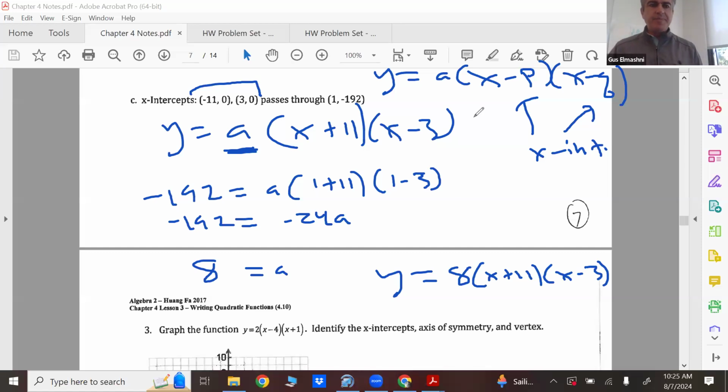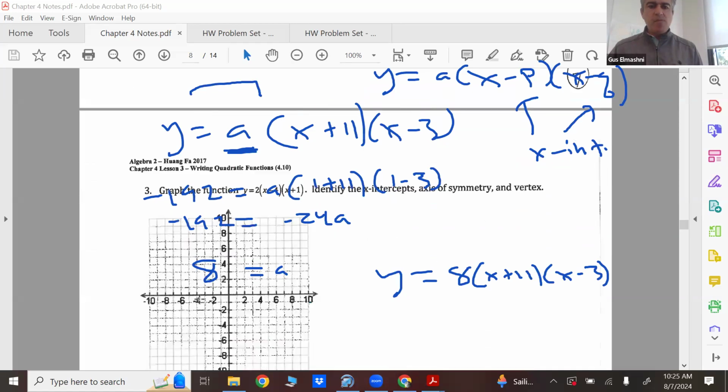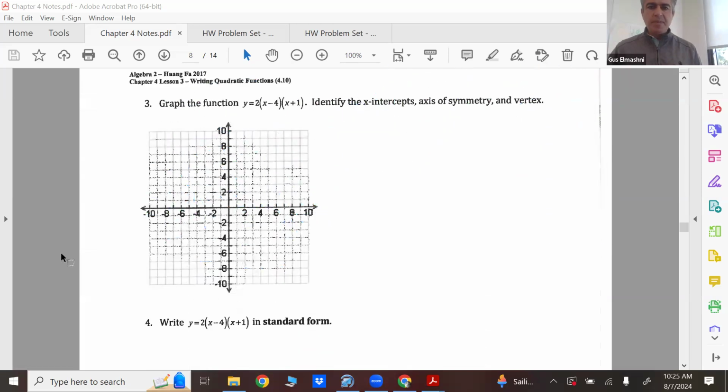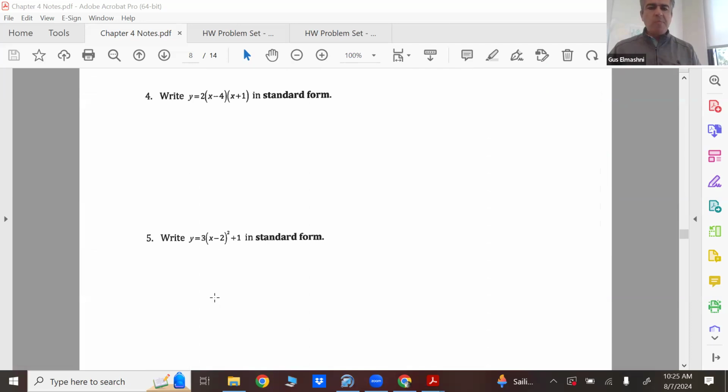Okay. On the last page, let's do 4 and 5, then we'll do homework after that. I'm going to trim the homework too. I printed it, but it looks a little too much.